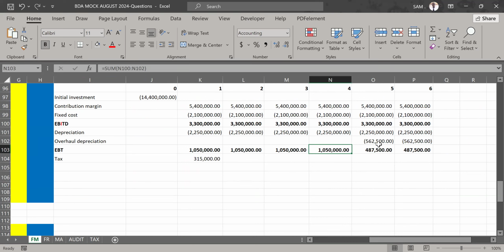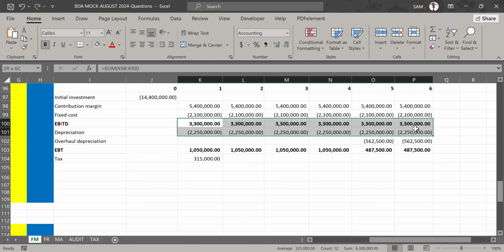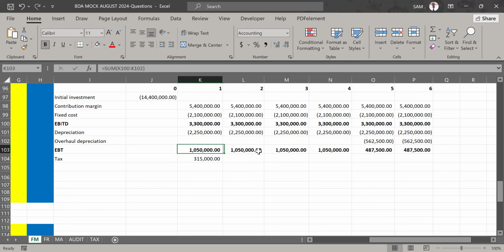And the reason why the earnings before tax at year 5 is different is because of the overhaul depreciation. So that is now the effect it has on our cash flows. We are taking care of that depreciation. So our cash flows are very different at this point.